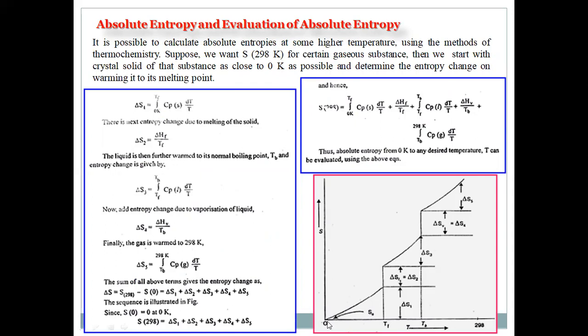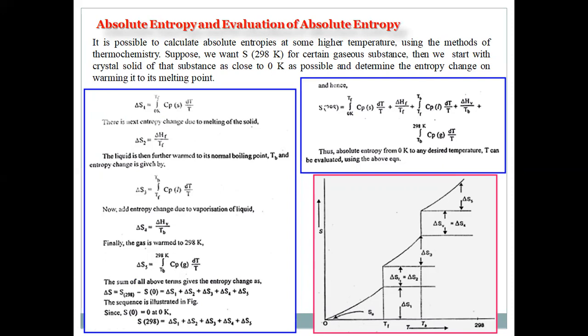Accordingly, first at 0 Kelvin, that is absolute zero temperature, the ideal gas will be in crystal form. 0 Kelvin means minus 273 degrees Celsius. As we increase the temperature, at a certain point, called the fusion point, it will start to melt, and after melting, it will convert into liquid.